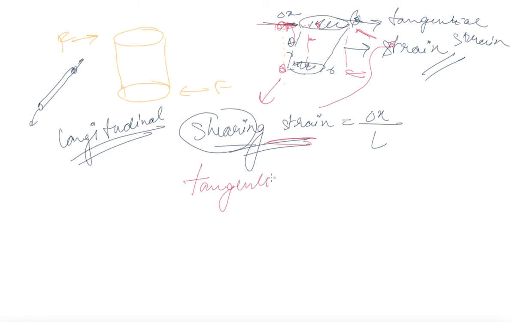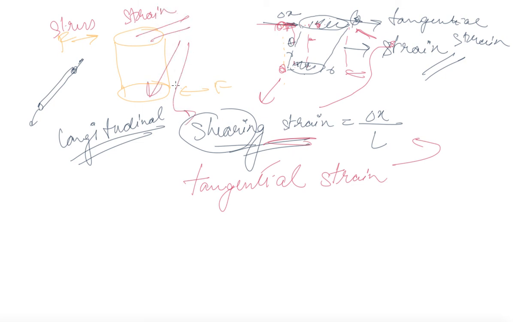Tangential strain, which is given by this particular formula. So now we have a definition of what is stress and what is strain, and how there are different types of strain. That is, one is longitudinal and one is shearing or tangential strain.